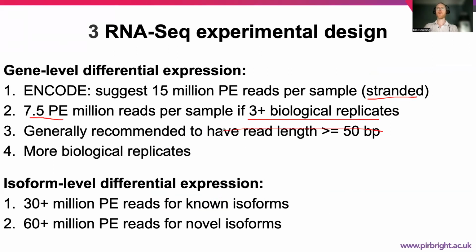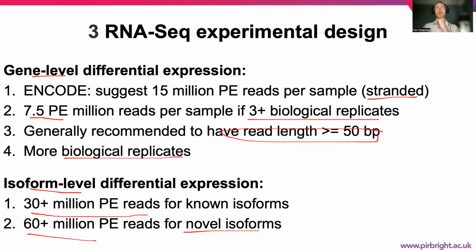Obviously now all our reads will be much longer than 50 base pairs, and more biological replicates will help where possible. To detect isoform level differential expression, which is more refined than gene level, we need about 30 million paired reads per sample for known isoforms and 60 million paired reads for novel isoforms. So you can see getting novel isoforms is going to be quite tricky.